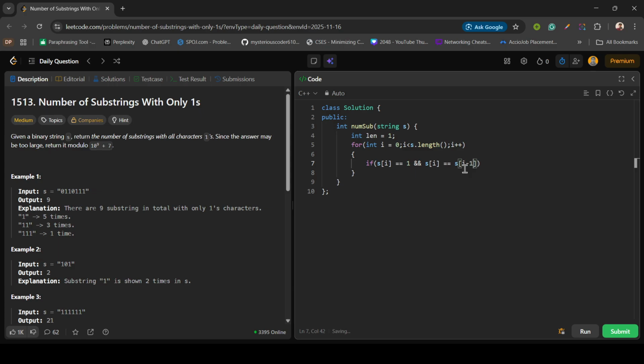Sorry for this, guys. See this. If it is true, then we will write length plus plus. Okay, understood?